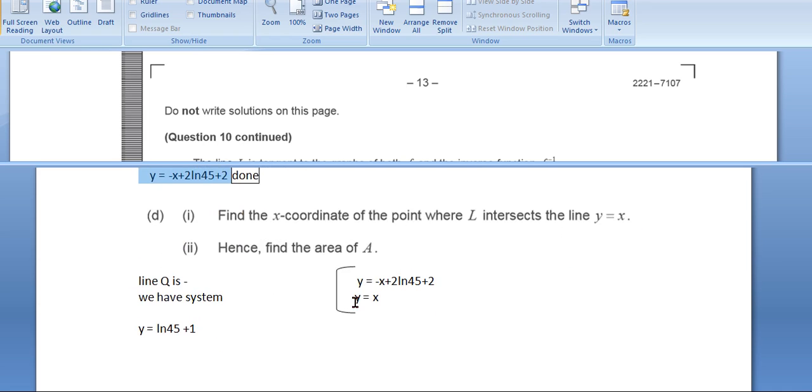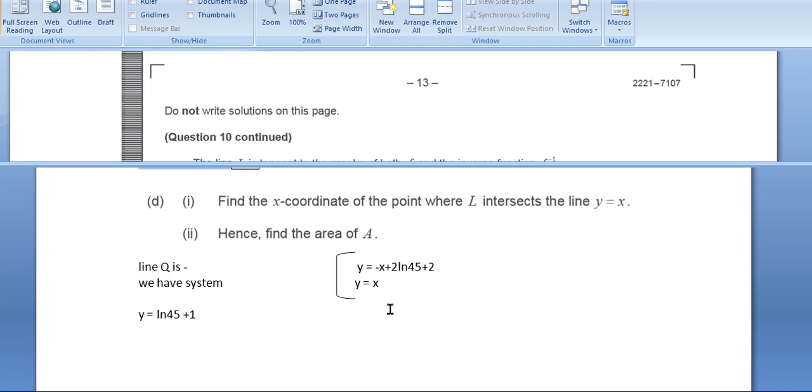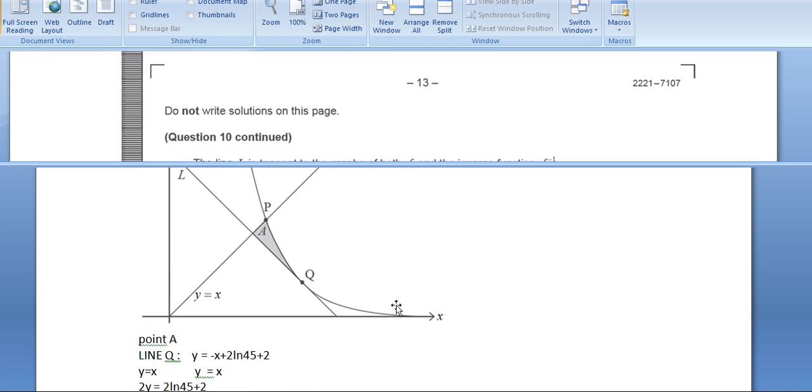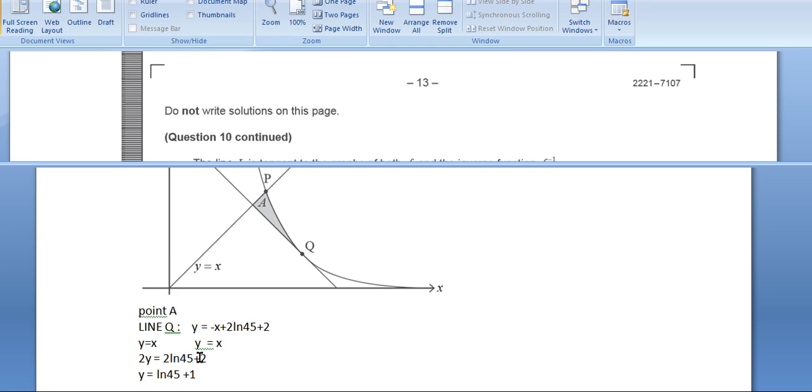So we have the same symmetry of lines, and we see that point A is on y equals x, but has gradient -1.